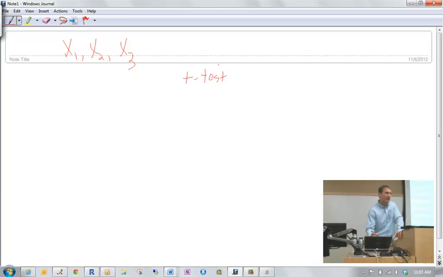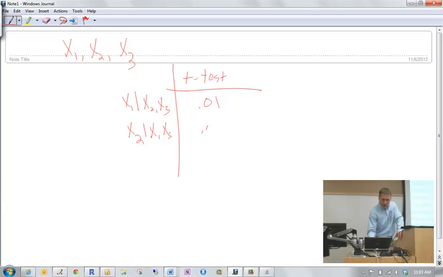Let's assume that these are continuous predictor variables, where we estimate the model that has all 3 variables in it, and then we do a test corresponding to x1 given x2 and x3 are in the model. And suppose that p-value is 0.01. Then we go to x2, given x1 and x3 in the model, and perform a t-test. Suppose you get a p-value of 0.05. And then lastly, suppose we go to x3, with x1 and x2 in the model, and suppose you get a p-value of 0.50.